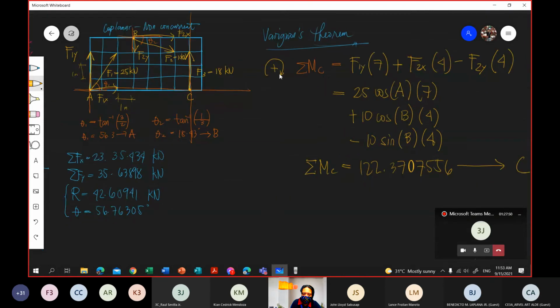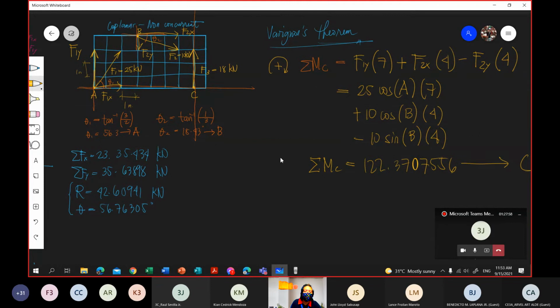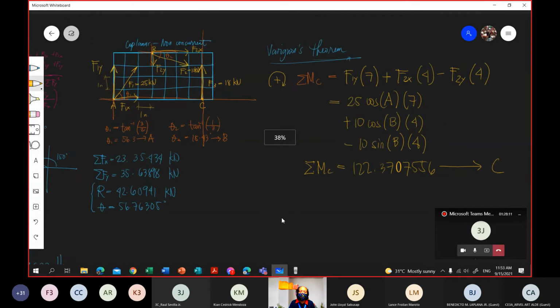If Varignon's theorem is true, the resultant should have the same moment. So the resultant of 42.60941 should also have a moment of 122.3707556 at point C. So what will we do?